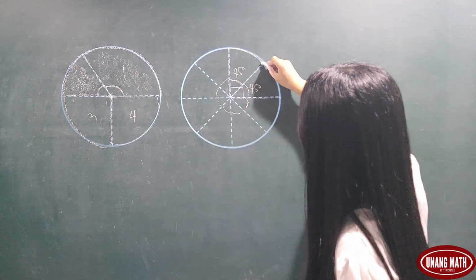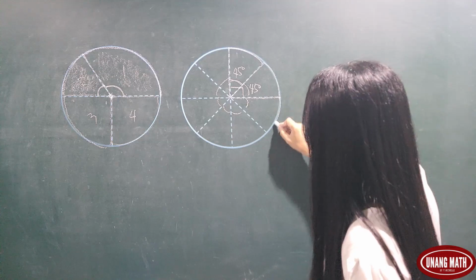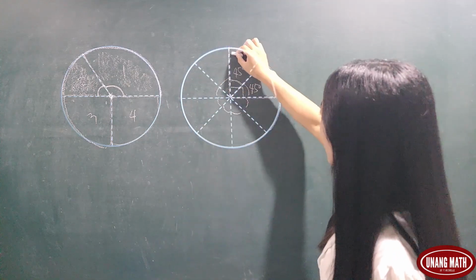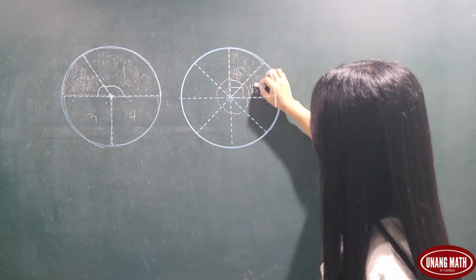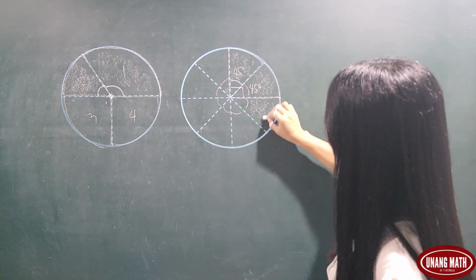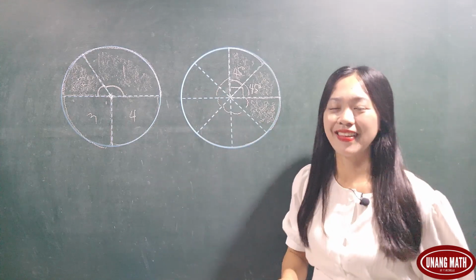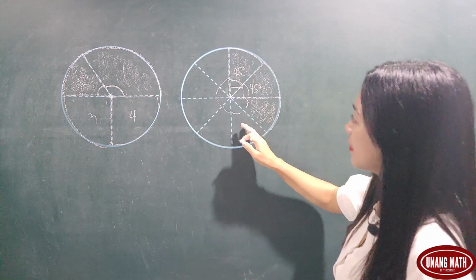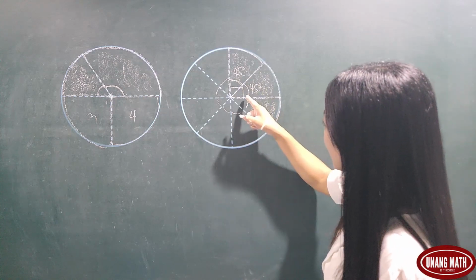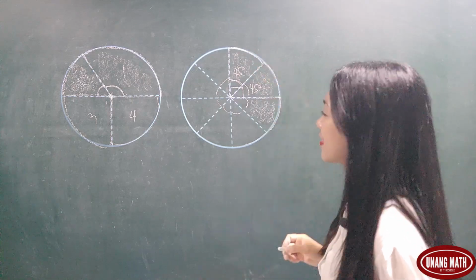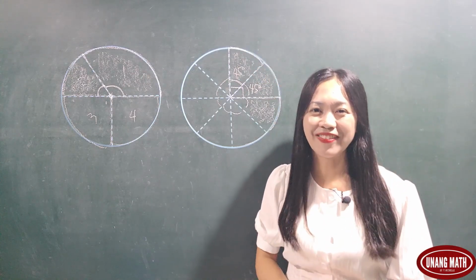This arc is equal to this arc, and the rest of the arcs. The area of this sector is equal to the area of this sector, equal to the area of this sector, and the rest of the sectors. So it means if the central angles are equal, then the arcs and the areas are also equal.